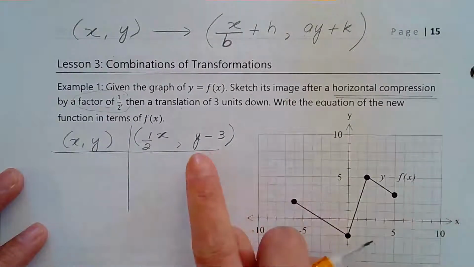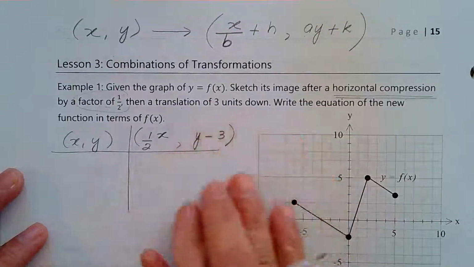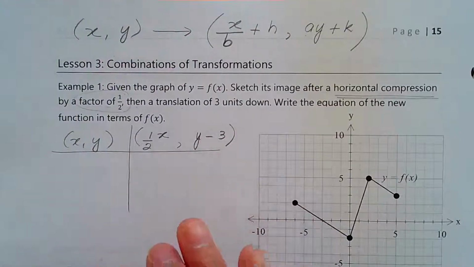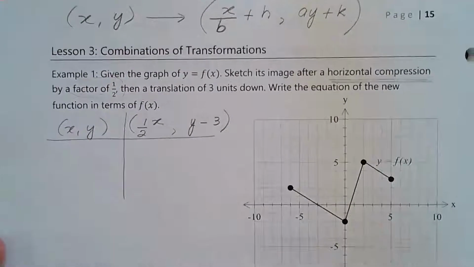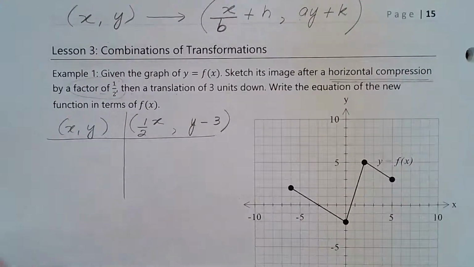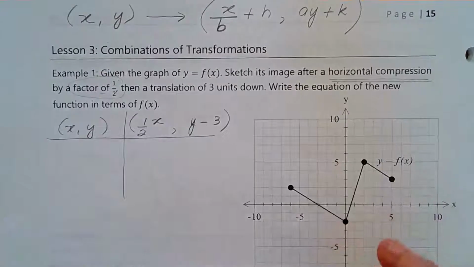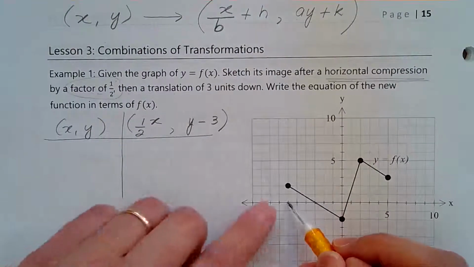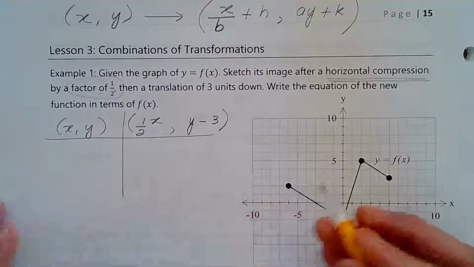So far, so good? Now that this is set up, it's a matter of working it out, and then we'll draw the picture. The key points here are already dotted. This is going to be -7, 2.